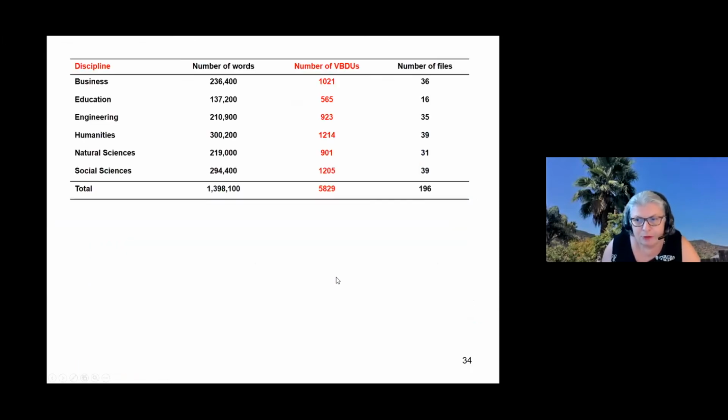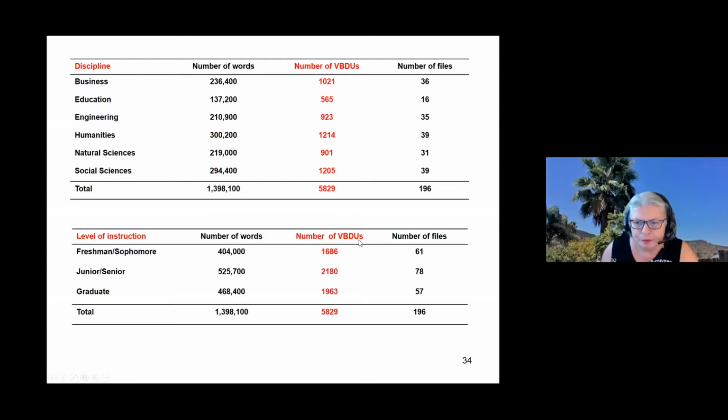So what do we do? We have these 196 classroom discourse files, and we segment them into the units that I just showed you, and we arrive at 5,829 units. This is just another slicing of the pie.